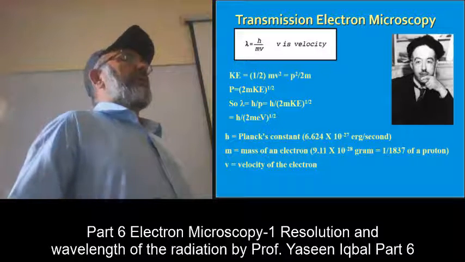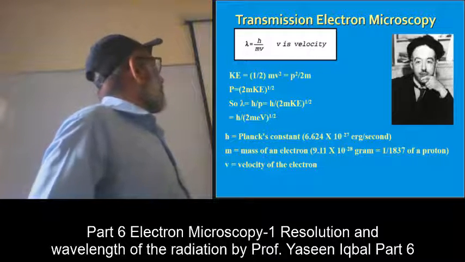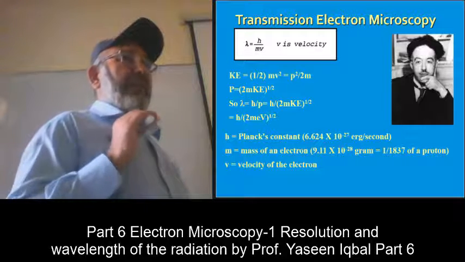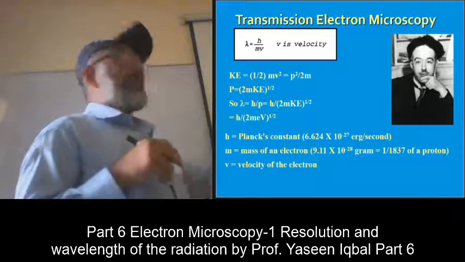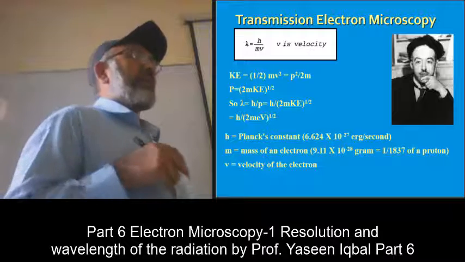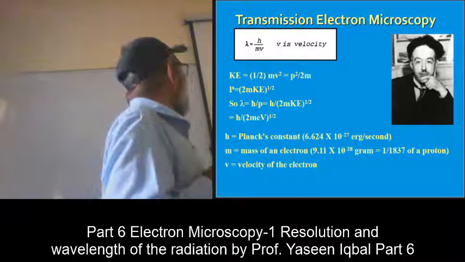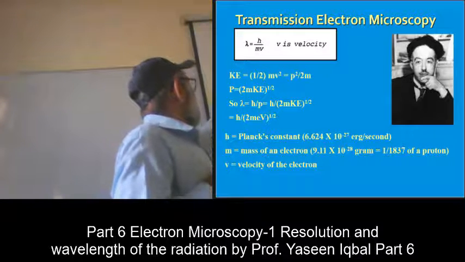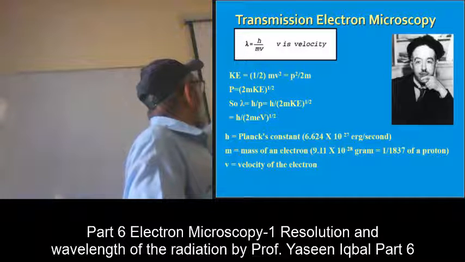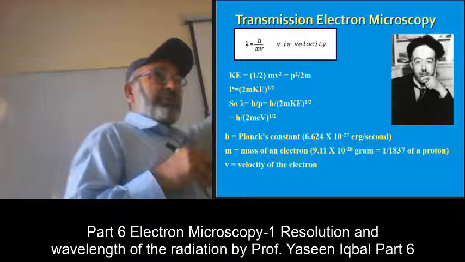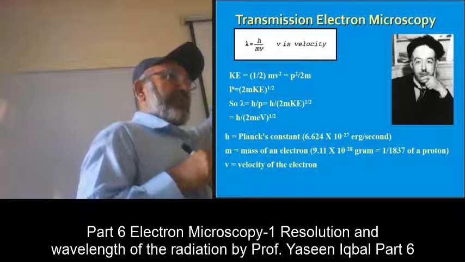KE is half mv squared. Kinetic energy is half mv squared, which is p squared over 2m. You know it from your FSc. Then p is equal to the square root of 2 m KE from that equation.